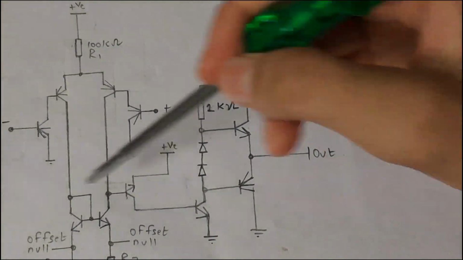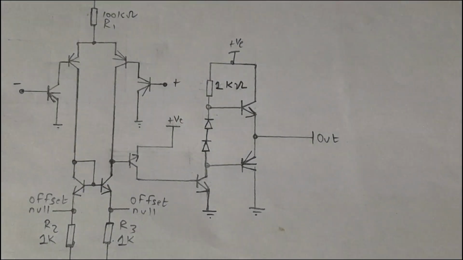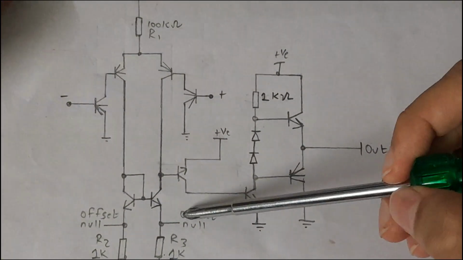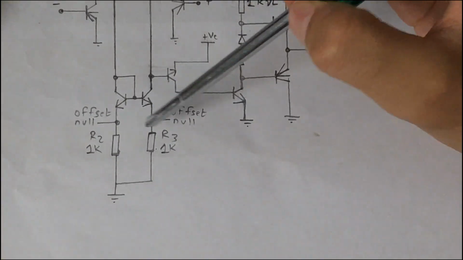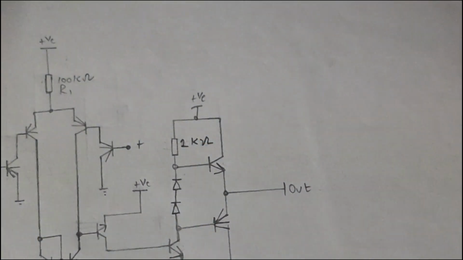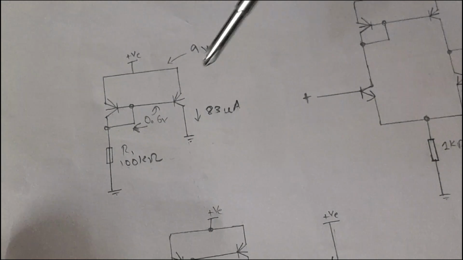So this is the basic circuit of an op amp, from a very basic circuit to a precise circuit. And of course the current mirror also has some flaws which I have not talked about.